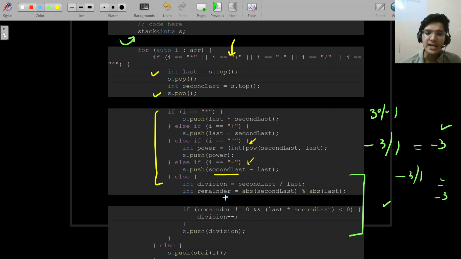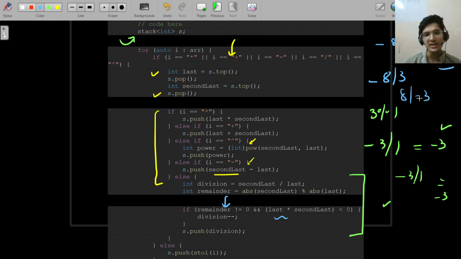Okay. Then we will check if the remainder is not 0. That means it does not divide perfectly, like 8 by 3, and they have different signs, right? Then only it creates a problem. Like minus 8 by minus 3 is eventually 8 by 3 only, so no problem there. But the problem comes in minus 8 by 3 or 8 by minus 3, right?